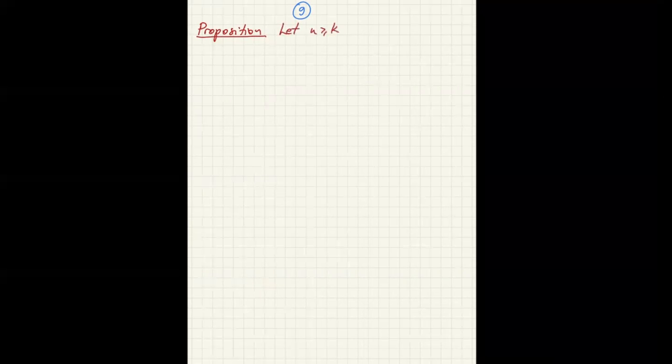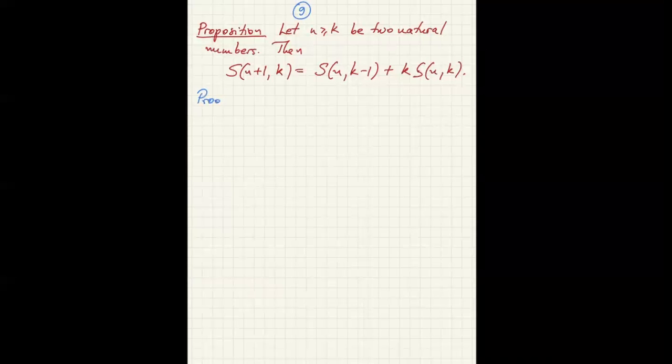Let N and K be two natural numbers. Then we can represent S(N+1,K) in terms of S(N,K-1) and S(N,K). It's a similar formula, but it's different from the previous one. So how do we prove it?